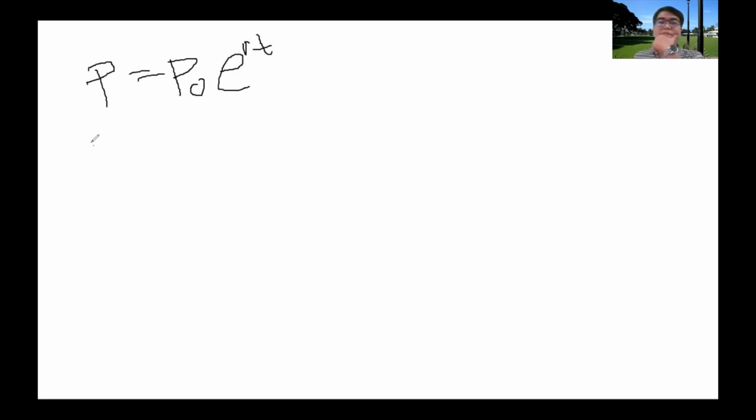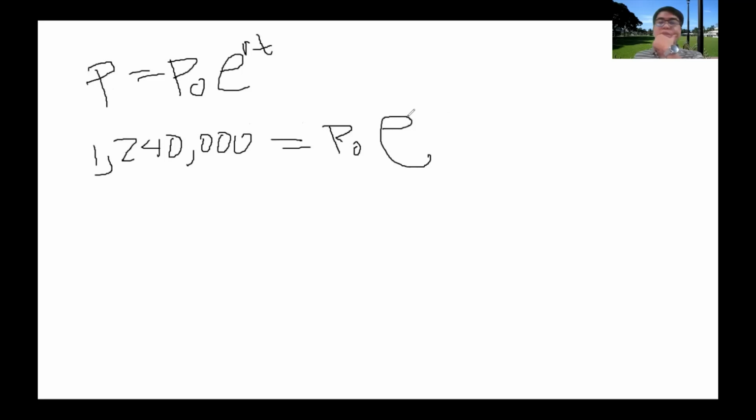So we have 1,240,000 is equal to P sub 0, which is what we're looking for, times e raised to 0.08, that's 8%, times 30.